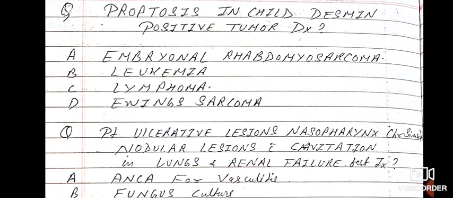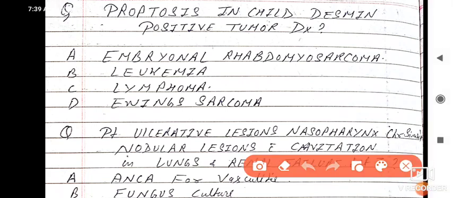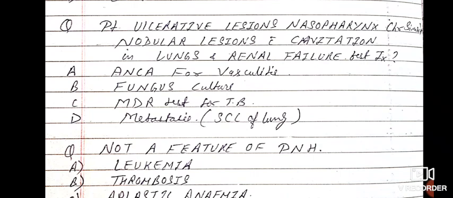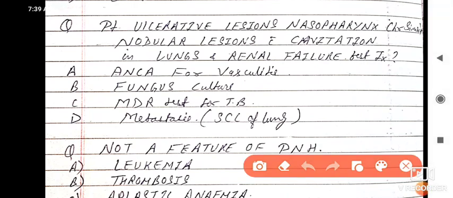Now proptosis in a child, Desmin-positive tumor diagnosis. A Desmin-positive tumor is embryonal rhabdomyosarcoma. Now the patient presents with a lesion in the nasopharynx, chronic sinusitis, nodular lesion. I already explained this triad in the rheumatology section.